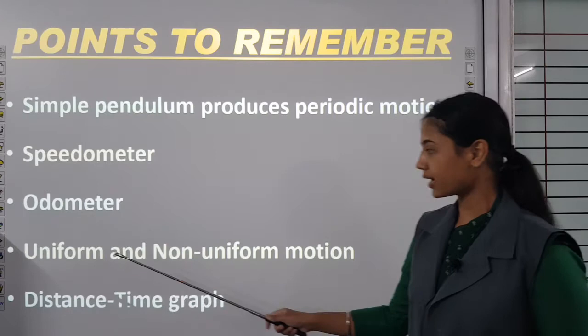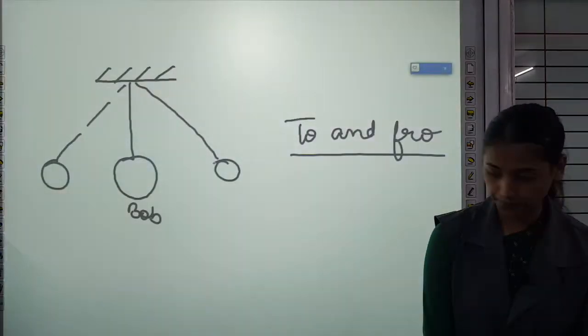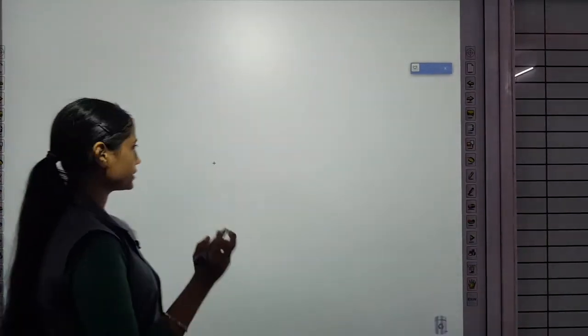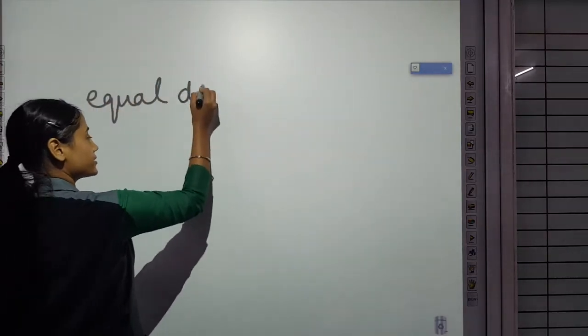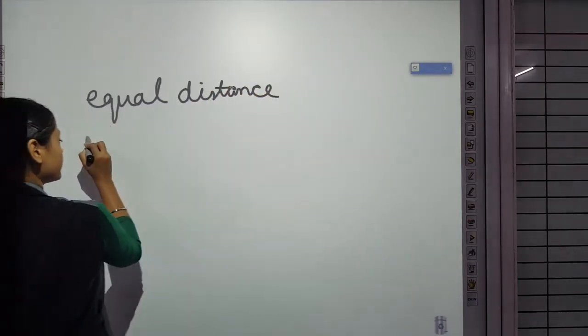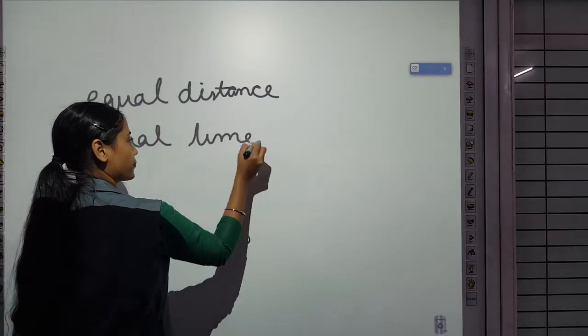Then uniform and non-uniform motion. In uniform motion, any moving body covers equal distance in equal interval of time.